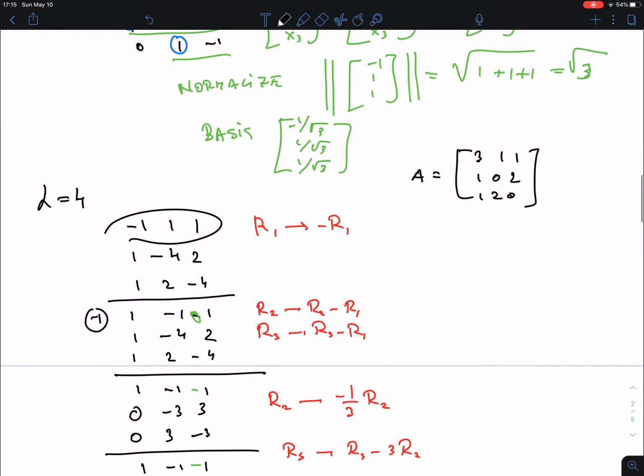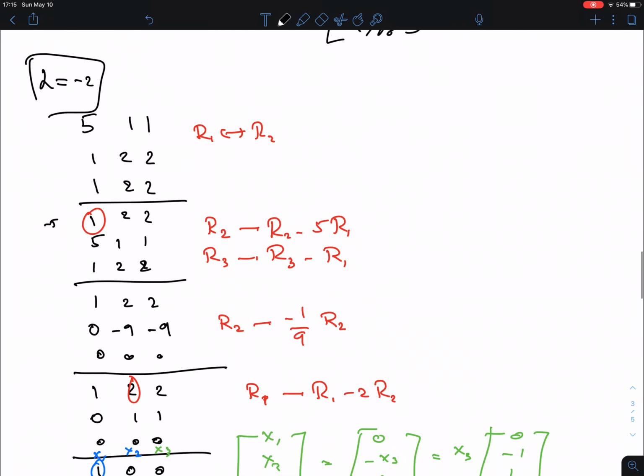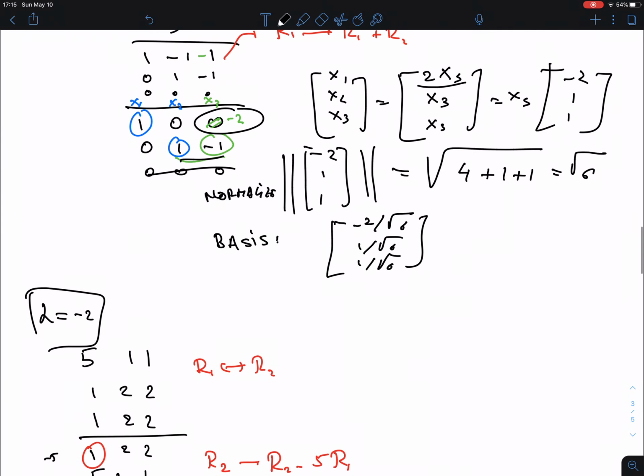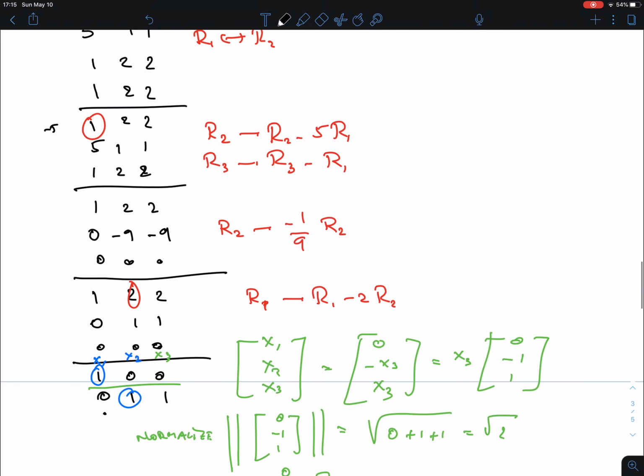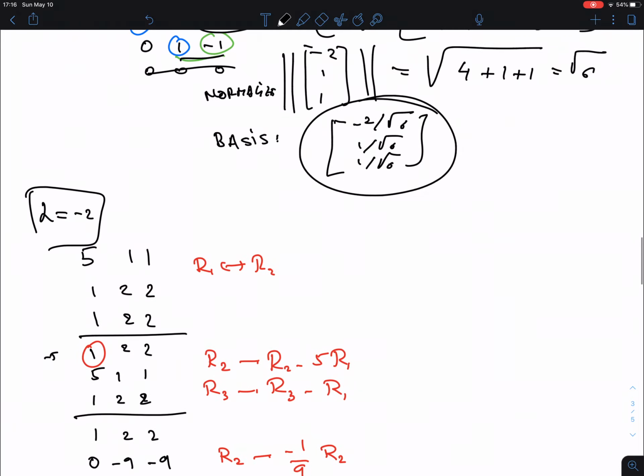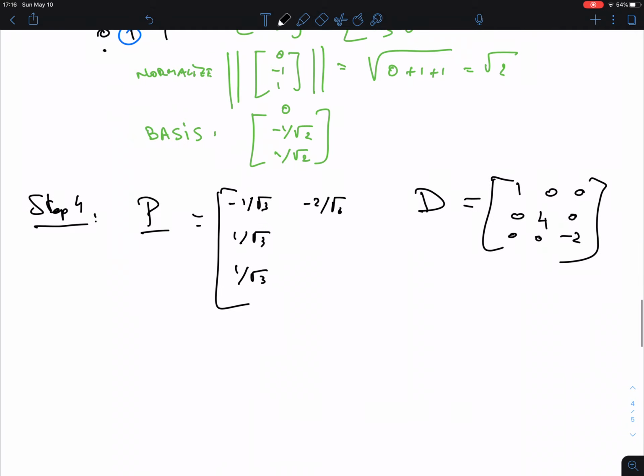The first one was minus 1 over radical 3, 1 over radical 3, 1 over radical 3. Then we had this one that I first had calculated wrong, so minus 2 over radical 6, 1 over radical 6, and 1 over radical 6.